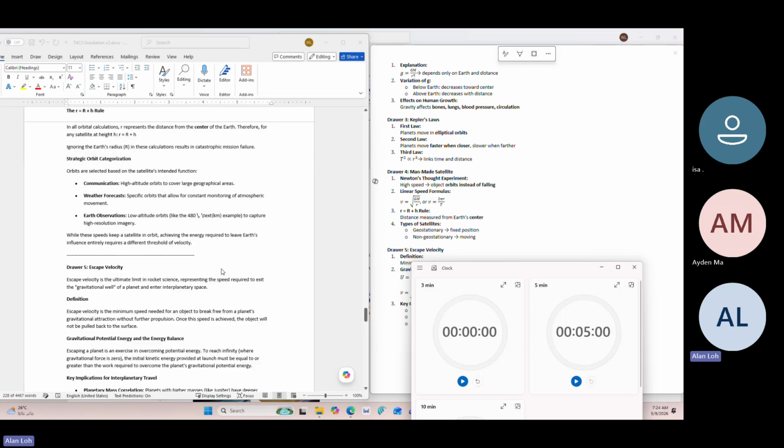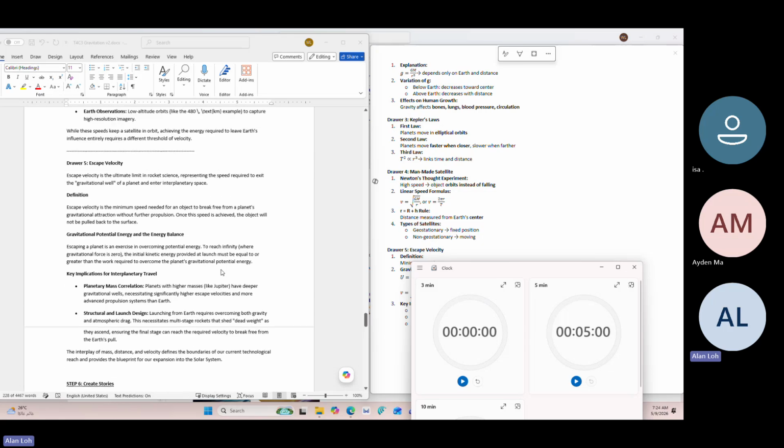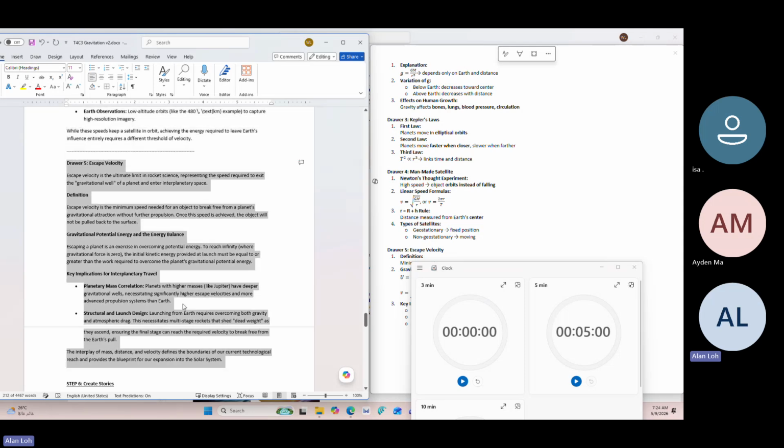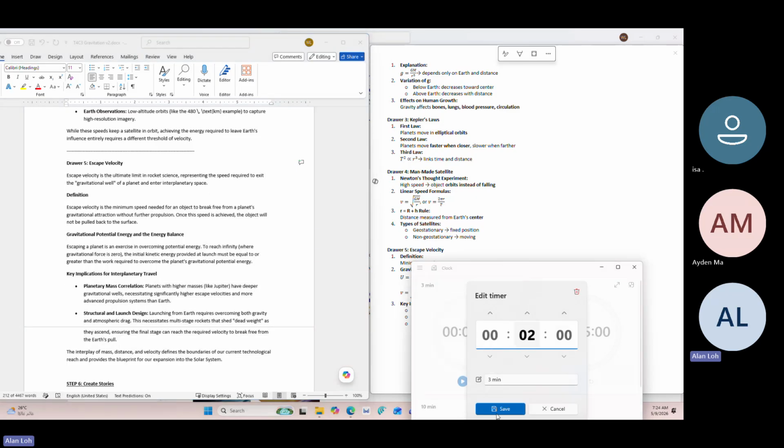Okay, now we are on drawer 5. We are almost there. The hardest part, which is step 1 to 5, is almost done. All right, let's do 2 minutes.